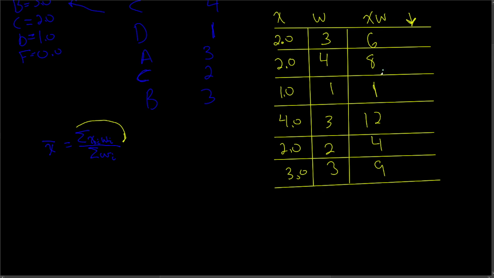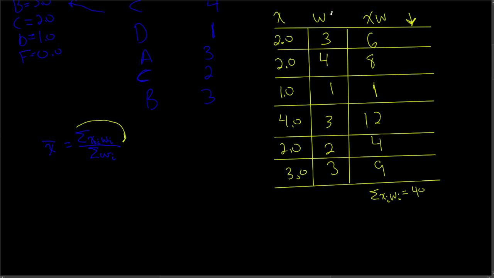So we can come straight down and say 6 plus 8 is 14, 14 plus 1 is 15, 15 plus 12 is 27, 27 plus 4 is 31, and 31 plus 9 is 40. So the sum of the value times the weight is equal to 40. And we need to divide this by the total of the weights.